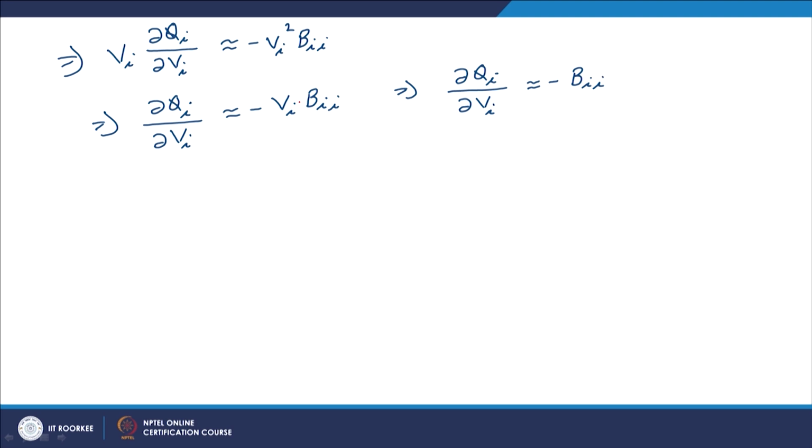Again invoking this assumption that V_i is almost equal to 1.0, these are the expressions of J4.